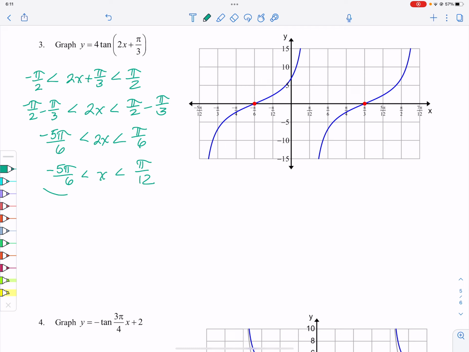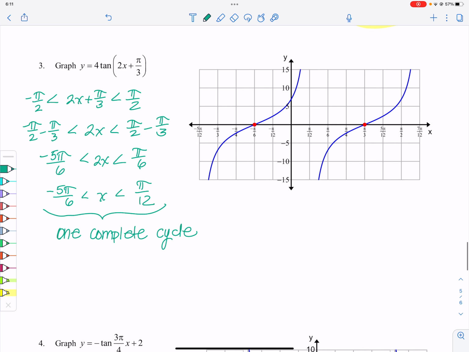And so we have one complete cycle between negative 5 pi over 12 and pi over 12. And you can see that right here, and another one there. So all of those are vertical asymptotes, and you can see where we have one complete cycle.